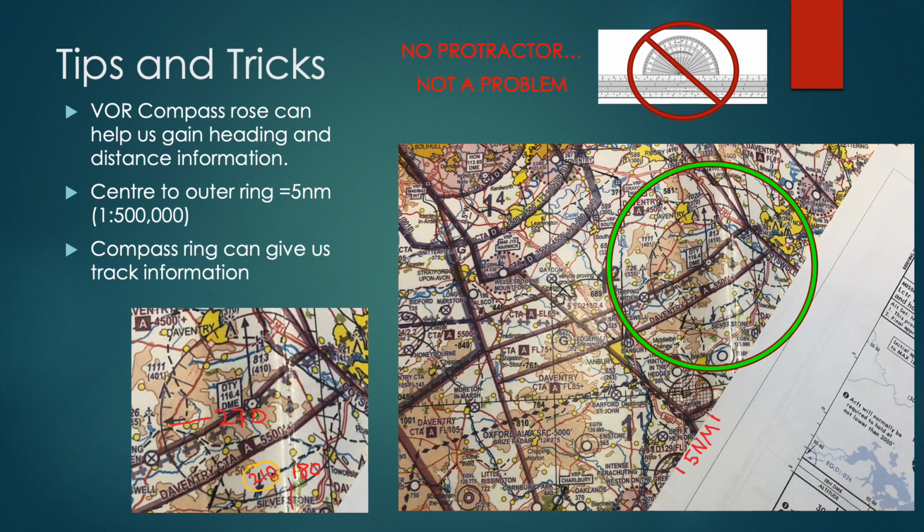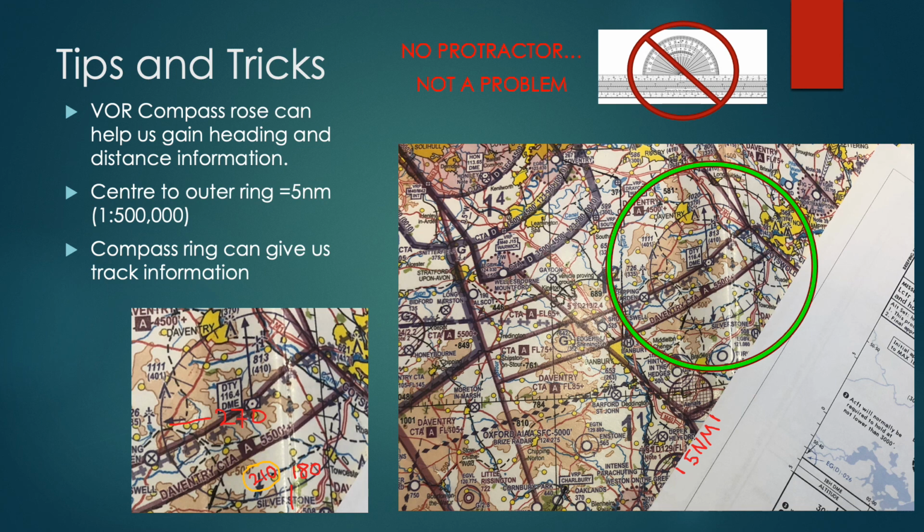So looking at a chart, we know that the VOR, circled within the big green circle, is a VOR. And it has an outer ring which is 5 nautical miles in diameter. That's from the center of it where the dot is to that outer ring. So you should know that 5 nautical miles.